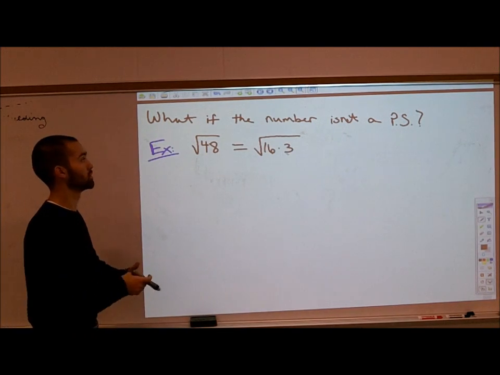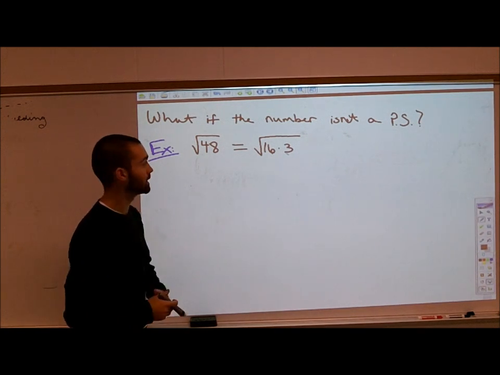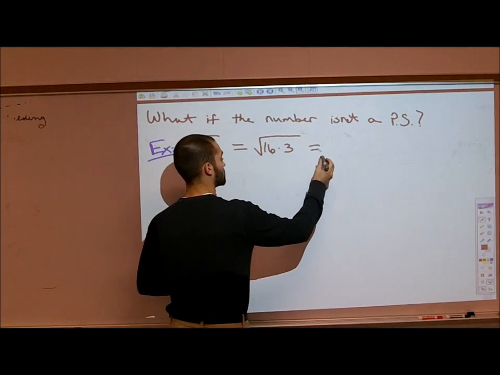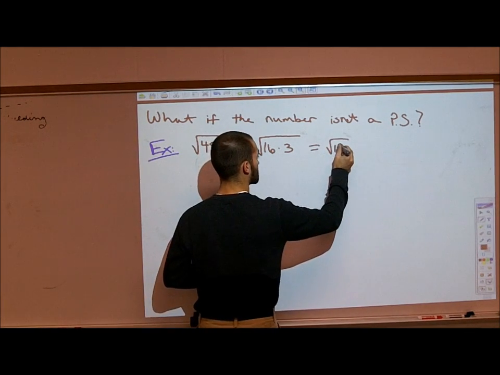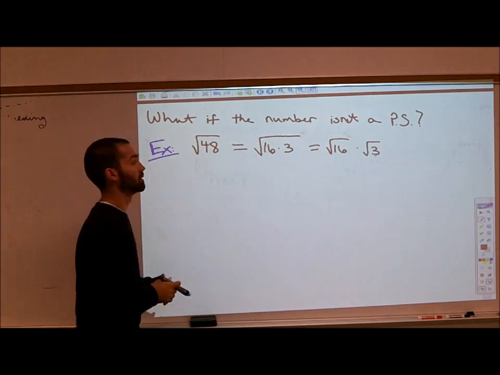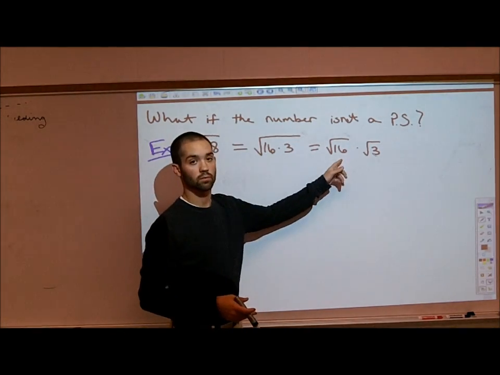Well, according to the product of radicals property, we can break this down into two radicals, a multiplication problem with two radicals: square root of 16 times the square root of 3. Well, from here, can I simplify each one of these radicals?